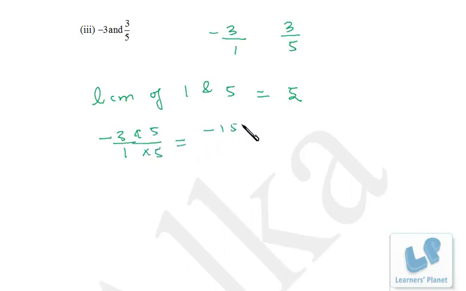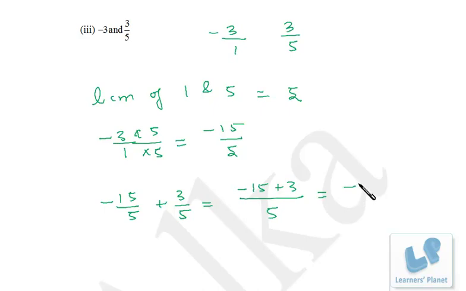So it's minus 15 by 5, right? Now this is minus 15 by 5 and the other number is 3 by 5. Take 5 as common, then it is minus 15 plus 3, so it's minus 12 by 5, right?